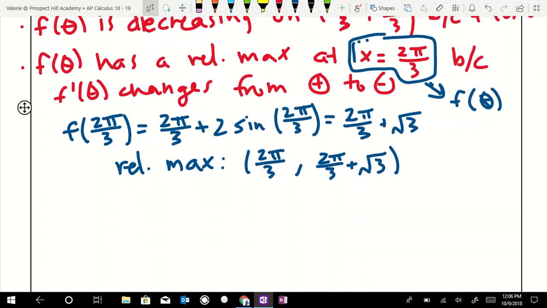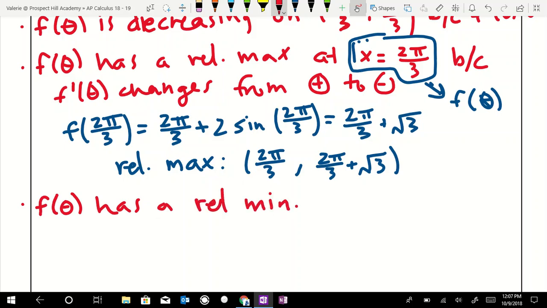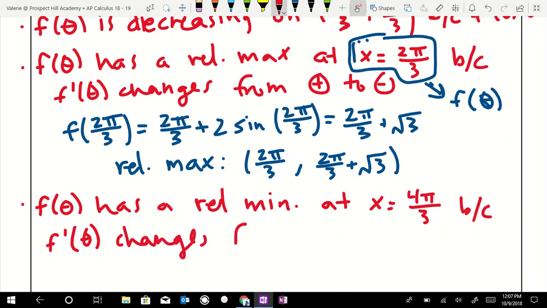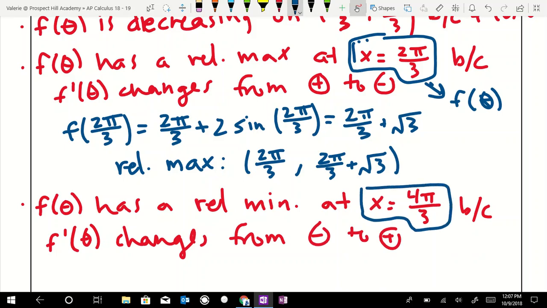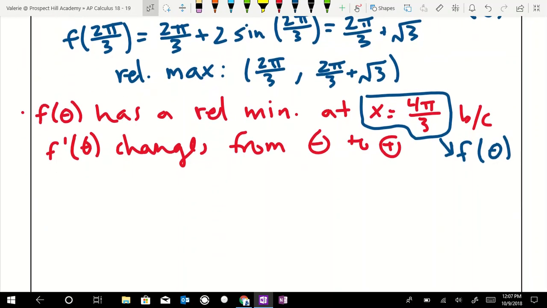All right, so we found our relative max. Now we need our relative min. So f of theta has a relative min at x equals 4 pi over 3, because f prime of theta changes from negative to positive. And again, we're going to use this value and plug it into f of theta to find the actual point for our relative min.